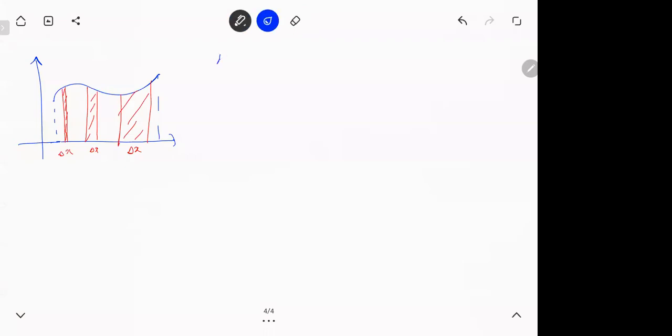So as delta x becomes smaller, error becomes smaller, no? If delta x tends to 0, hope you remember this, then error will tend to 0. So the smaller the delta x, the smaller the error.